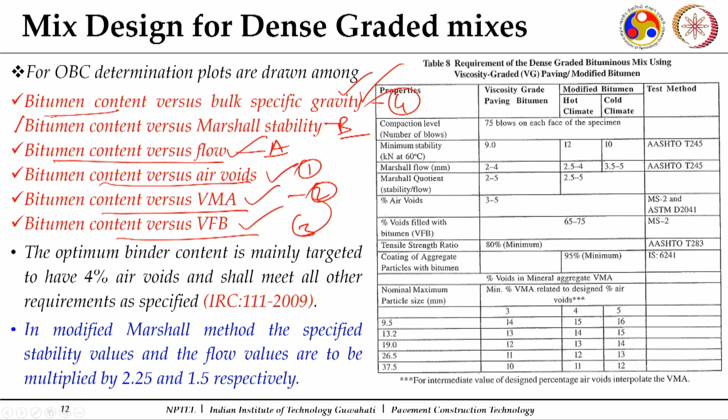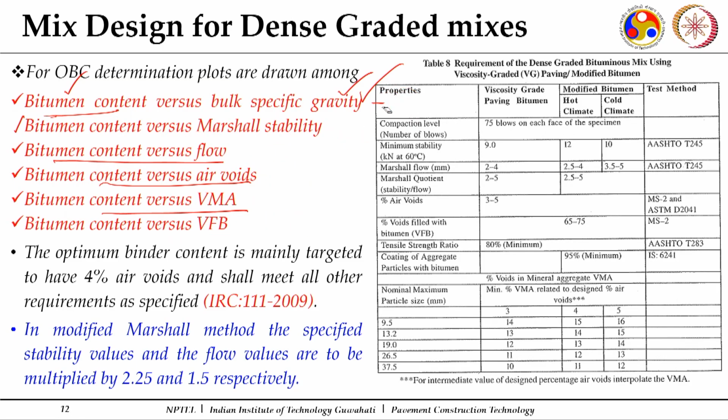So, stability and flow are also to be plotted with bitumen content, and the other 4 volumetric parameters are to be plotted, so as to see the trend of how these parameters vary with the change in the bitumen content. And finally, we need to target what our air voids should be, what VMA should be, what VFB and flow should be, because of all the requirements.